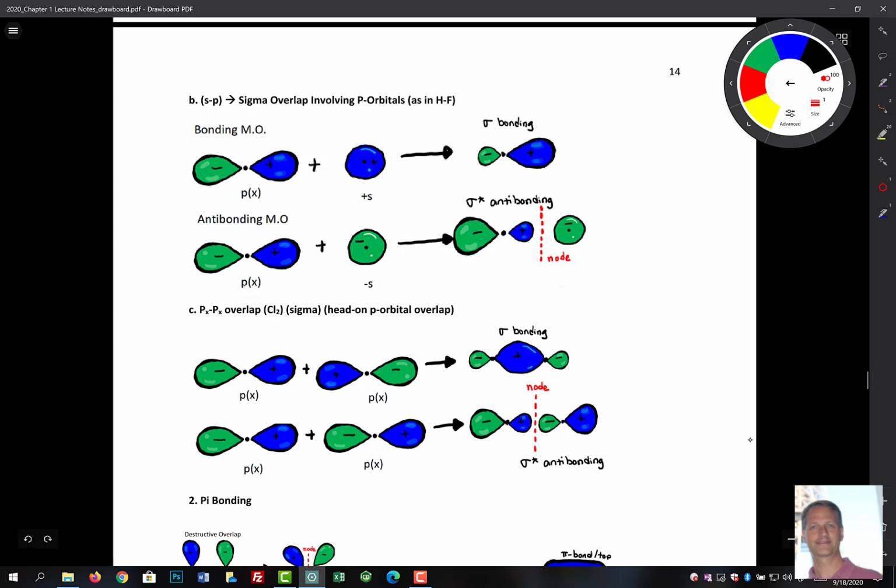So here, remember, we're adding in phase, so you get your plus added to the positive s orbital, and then a minus s orbital. And it leads to, again, your sigma bonding and your sigma star anti-bonding. Now, as far as constructing something like this, it's something that you can consult. It's not expected right now that you memorize all of this. But it's important to know that we can get sigma bonds from an s overlap with a px orbital.